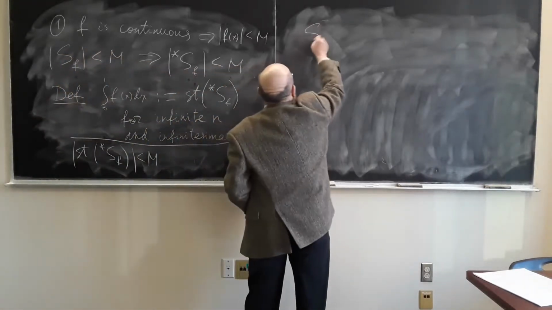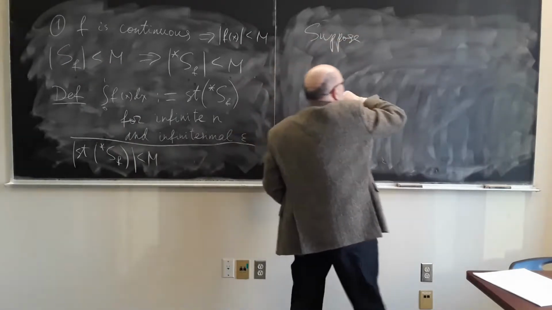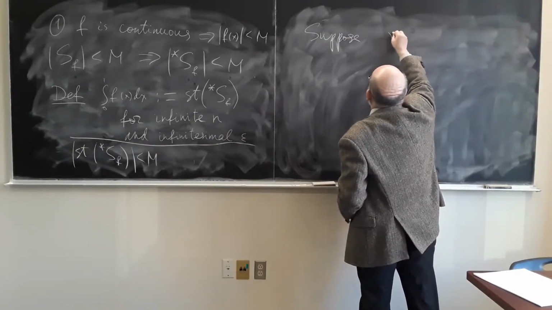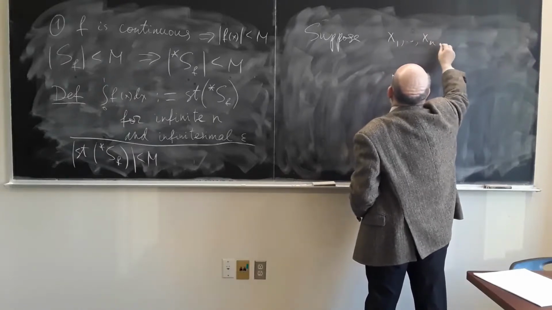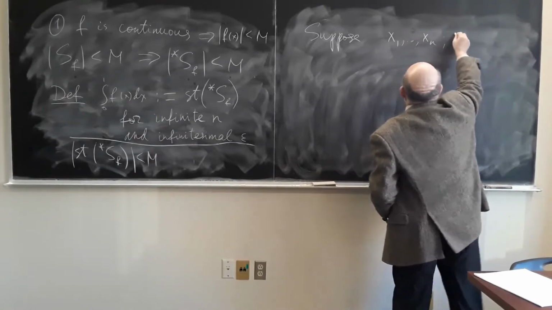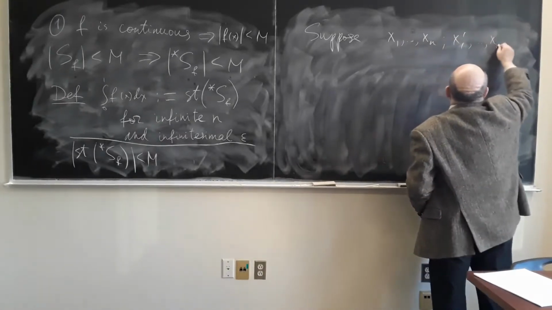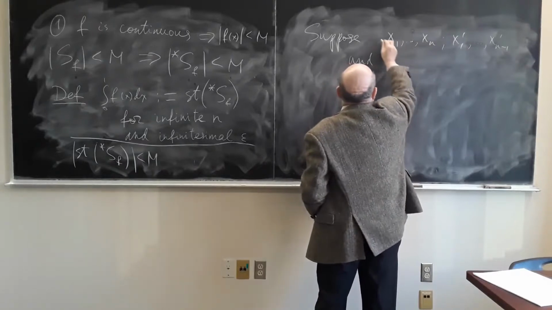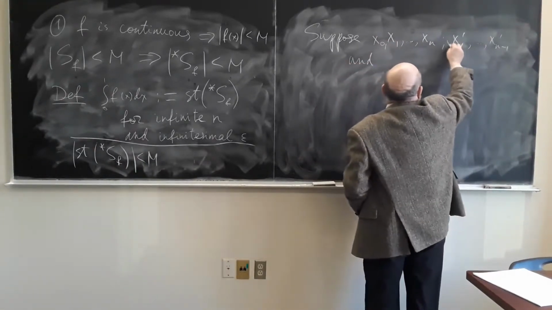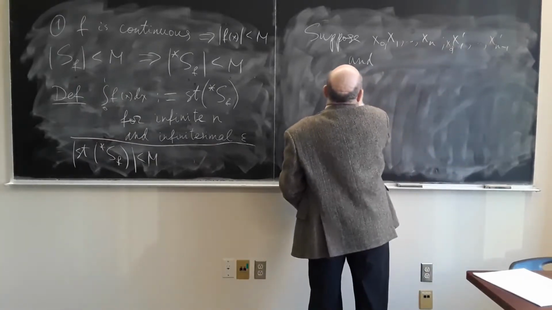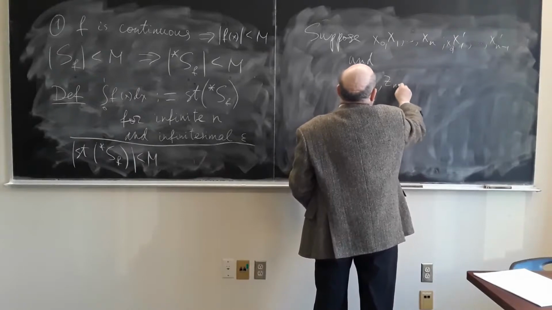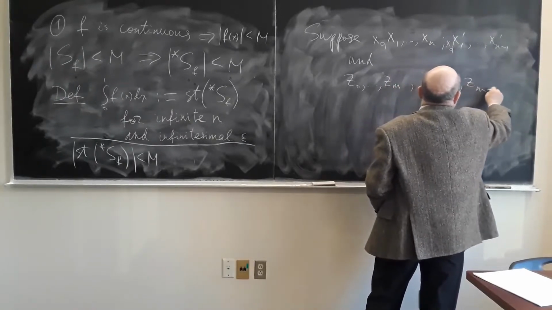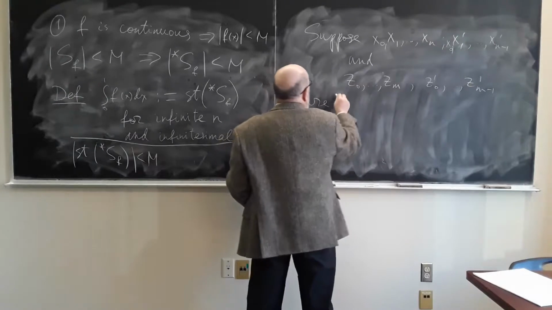So suppose we have the following: x_0, x_1, ..., x_n, with intermediate points x_1 prime, ..., x_{n-1} prime, and say z_0, ..., z_m with intermediate points z_0 prime, ..., z_{m-1} prime, are two partitions.